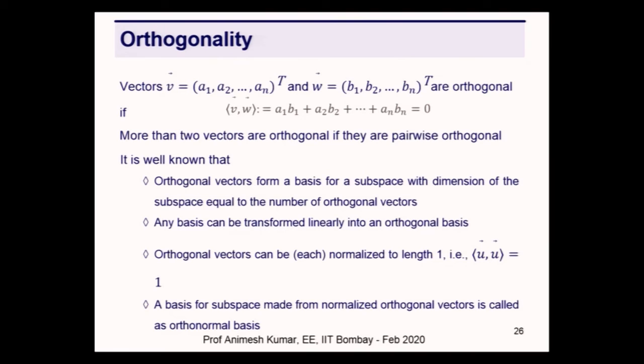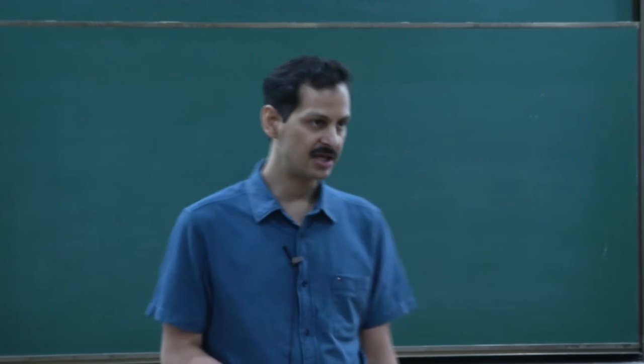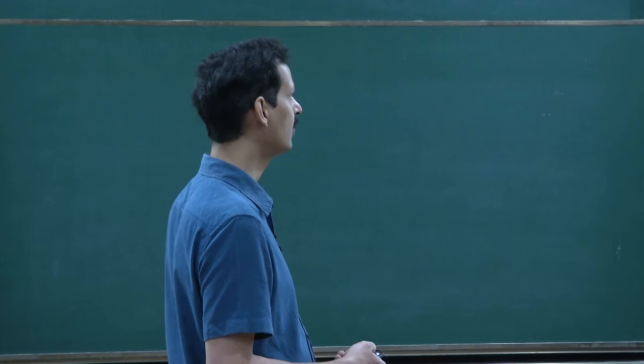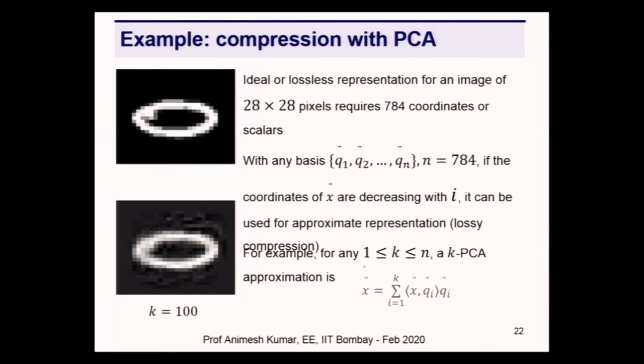These are called normalized orthogonal vectors, or orthonormal vectors, and that leads to what is called an orthonormal basis. It turns out the PCA basis that we saw before happens to be an orthonormal basis.